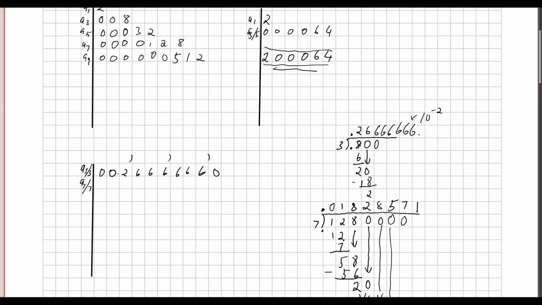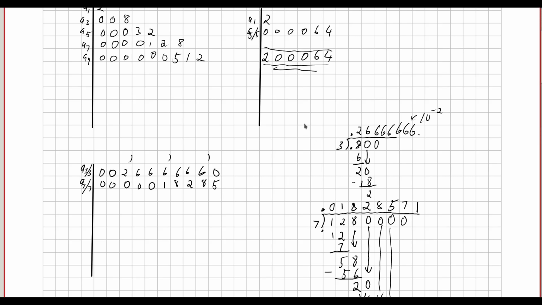That will be 1 2 3 4 5 1 8 2 8 5. And yeah, so we won't worry about those extra numbers there.